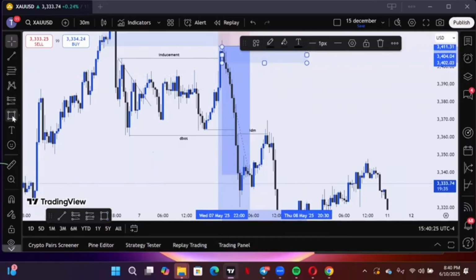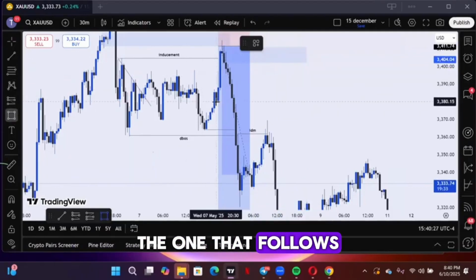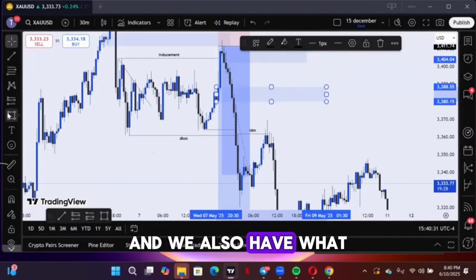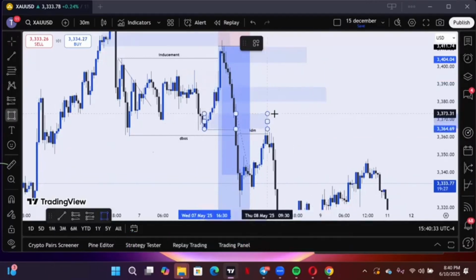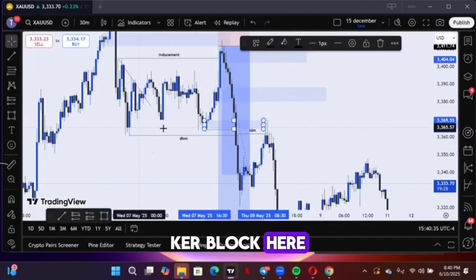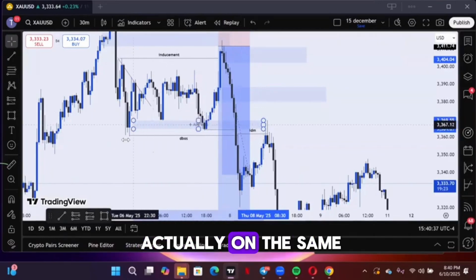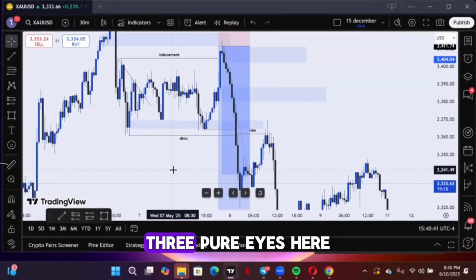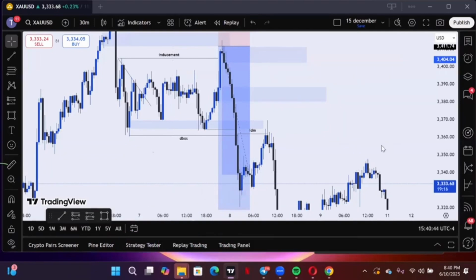But the one to pick actually is what? The one that follows all these rules correctly. So now we have this, and we also have what? This breaker block here. In fact, we also have a breaker block here, but this breaker and this one are actually on the same line here. Basically, they're the same. So now we have what? 3 POIs here, possible POIs that we can use. Are you guys following me?